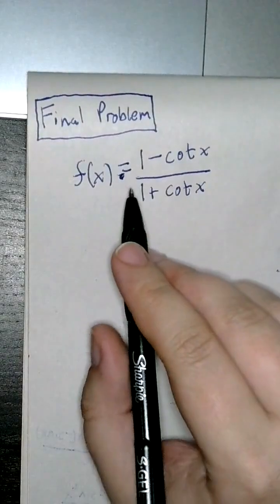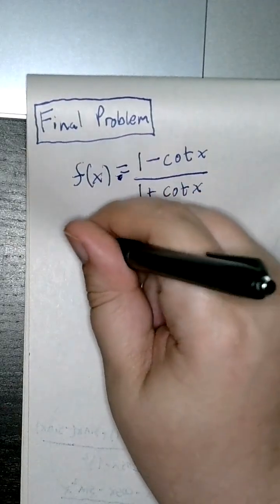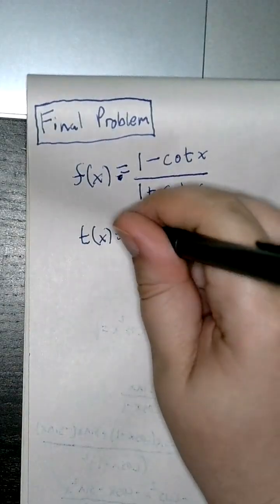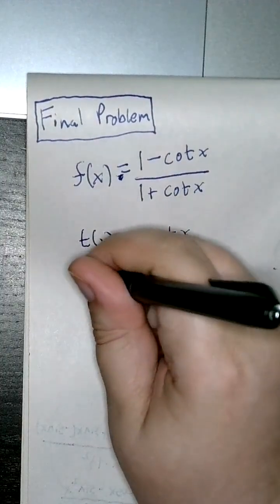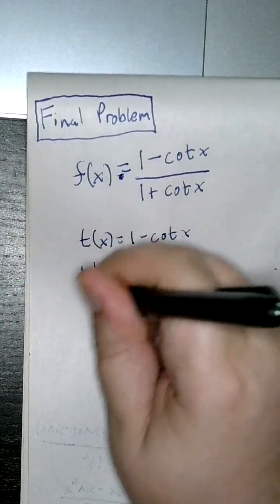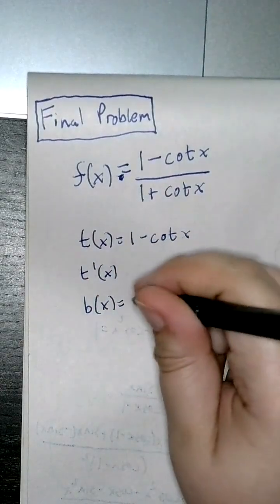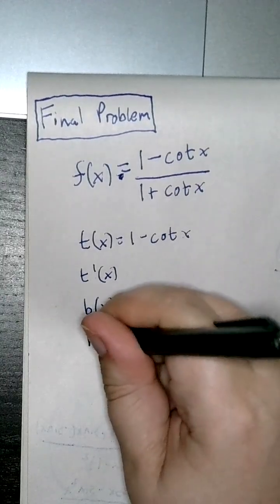So first, what I'm going to do is identify my top and bottom function. So I have t of x is 1 minus cotangent, and my bottom function is 1 plus cotangent.